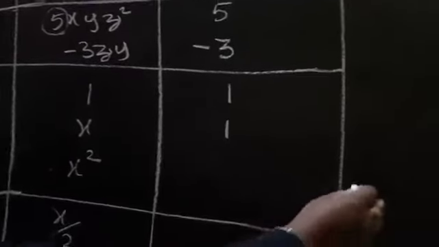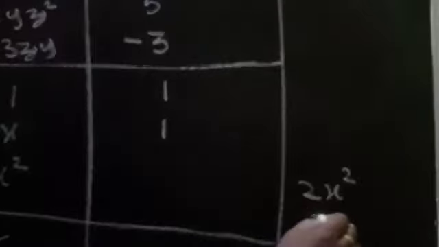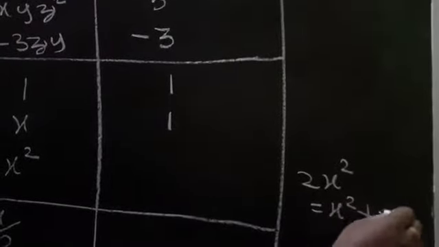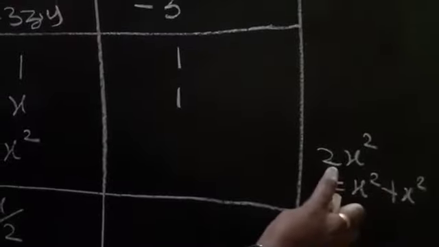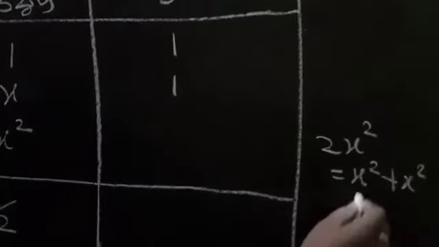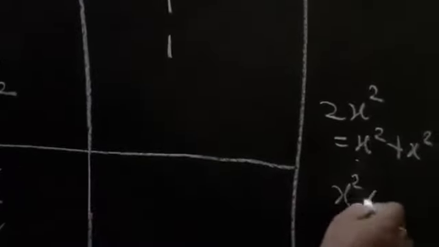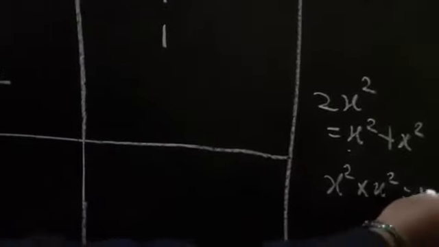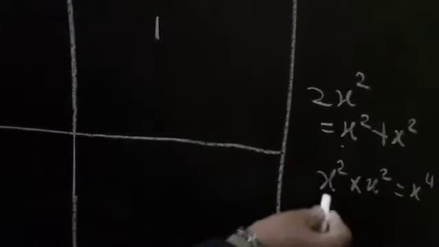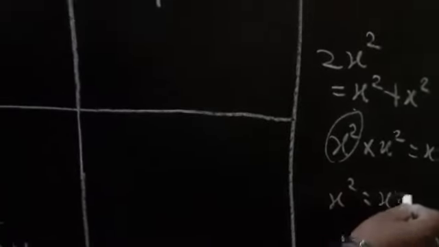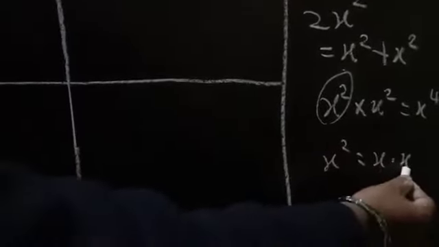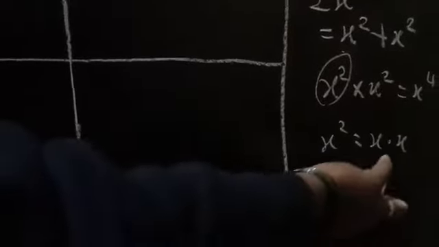Suppose, what is the meaning of 2x squared? It is x squared plus x squared, that is 2 times we are adding, that is 2x squared. Suppose when we multiply x squared into x squared, we will get x to the power of 4. So what is the meaning of x squared? x squared means only x into x. x 2 times we multiply, that is x squared.